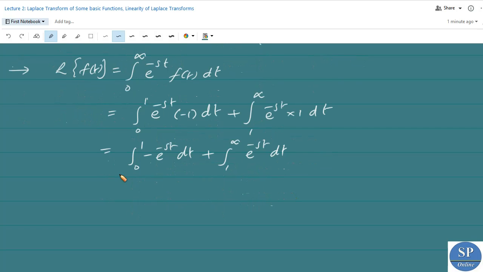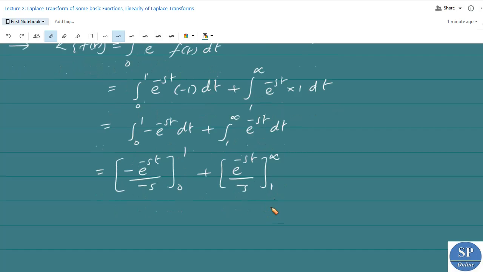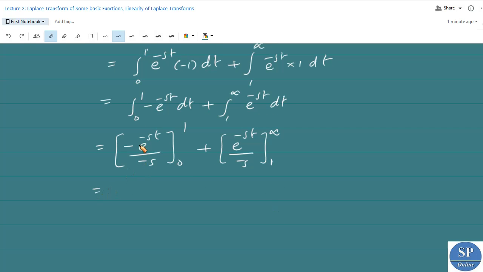So this is equal to, the integral of this is nothing but negative of e^(-st) divided by minus s from 0 to 1, plus e^(-st) divided by minus s from 1 to infinity, where t varies from 1 to infinity. So here we have e^(-st) divided by s.